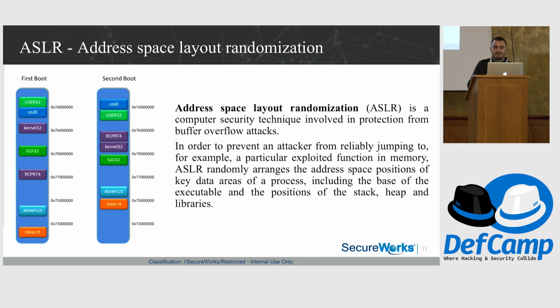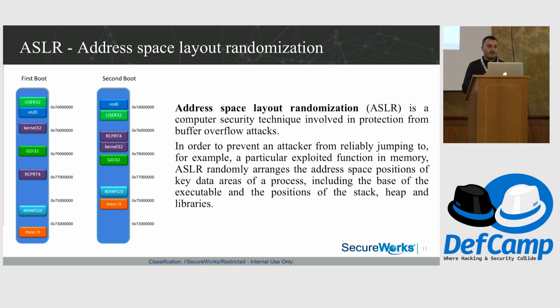As you can see here, ASLR, or address space layout randomization, is a security mechanism built especially for avoiding some of the exploits, like stack-based buffer overflows. What it does is load the DLLs at different memory locations after each reboot.